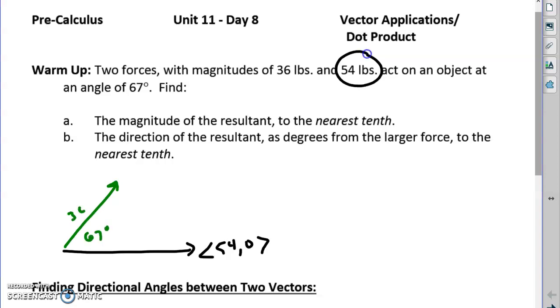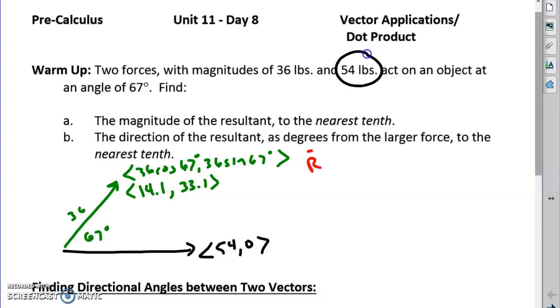That side is 36. That component form is going to be 36 cos 67, 36 sine 67, which to the nearest tenth, 14.1, comma, 33.1. The sum of those two vectors, r equals u plus v.